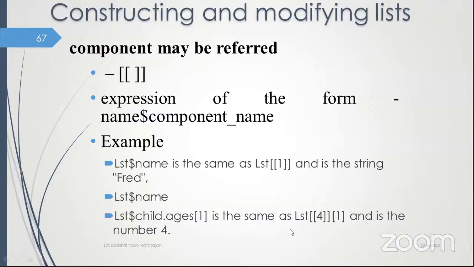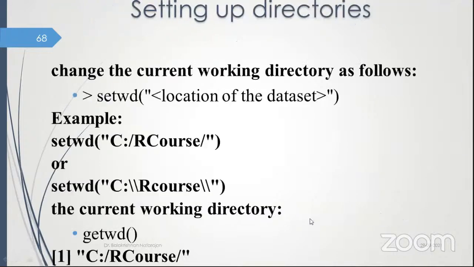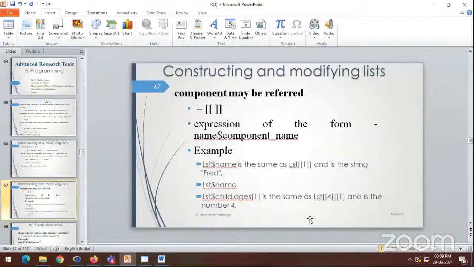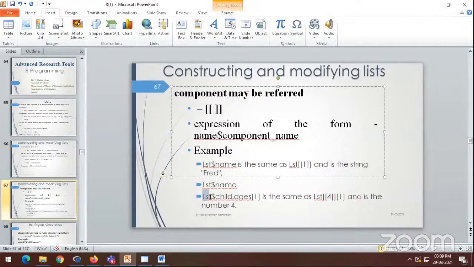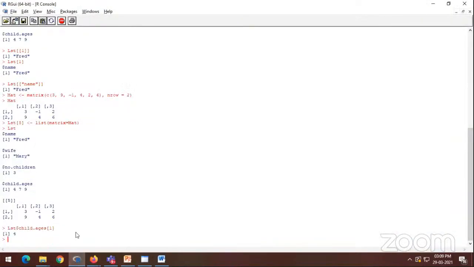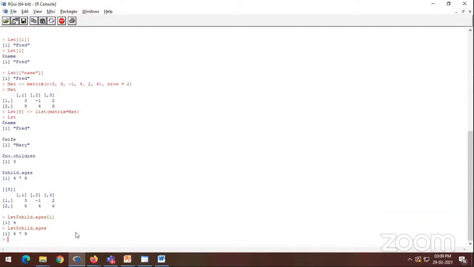Either you can refer like this or like this. And similarly, if you simply refer to it like that, it gives you all the details, all the 3 values. And specifically, if you want just one, you can do that.